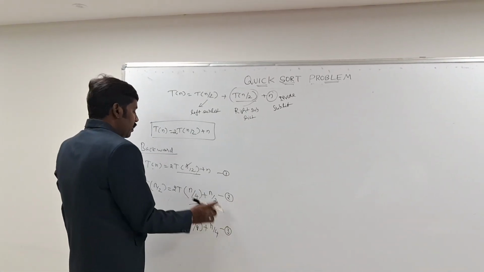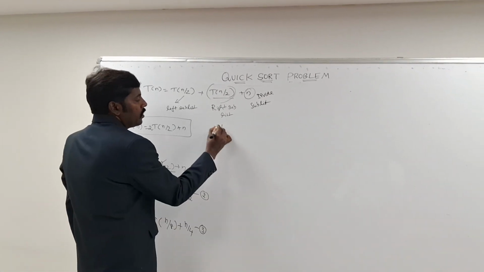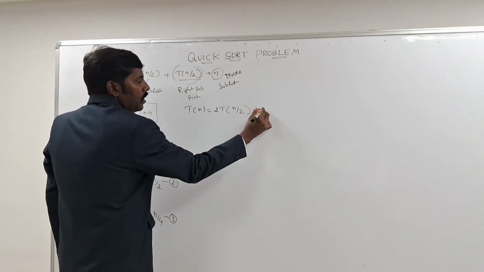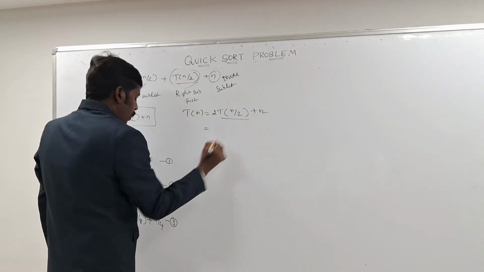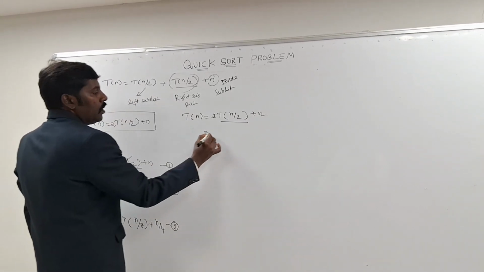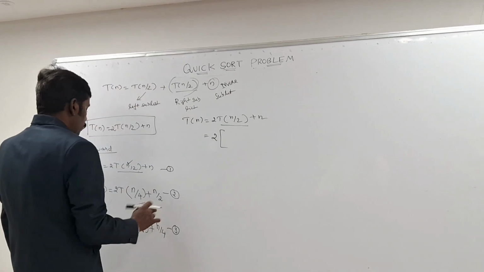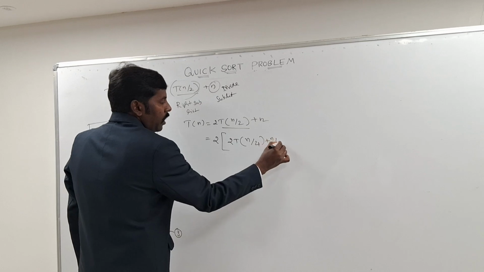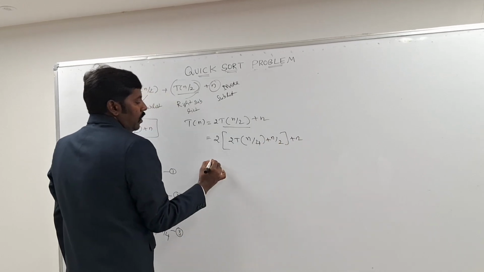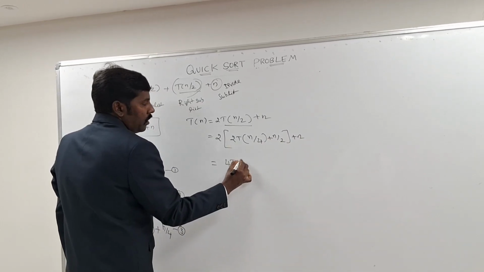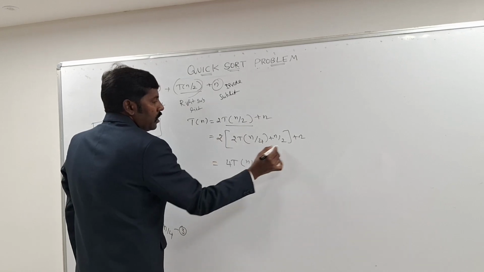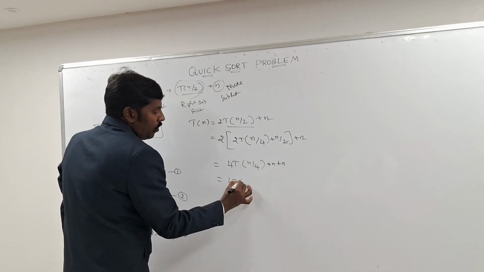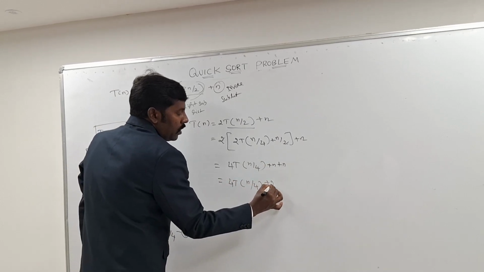With equations 2 and 3, now we substitute in equation number 1. T(n) = 2T(n/2) + n. So T(n/2), the equation number 2, is 2T(n/4) + n/2, so we get 4T(n/4) + n + n, which is 4T(n/4) + 2n.